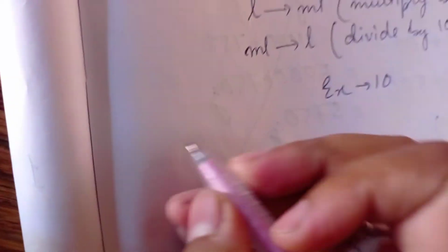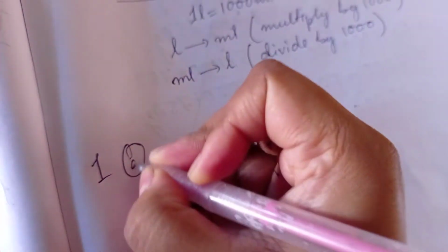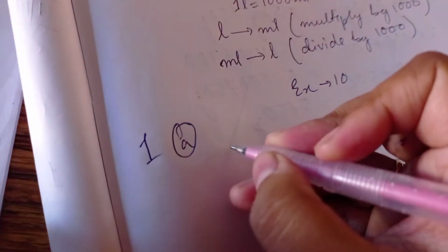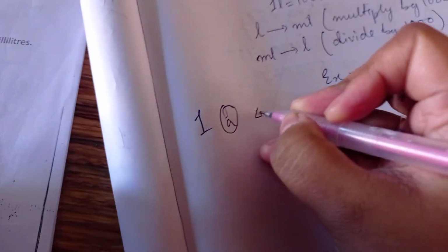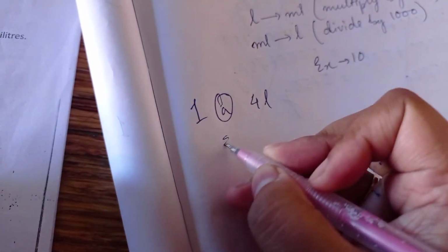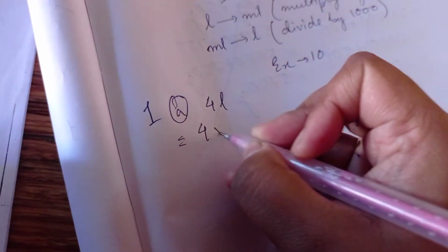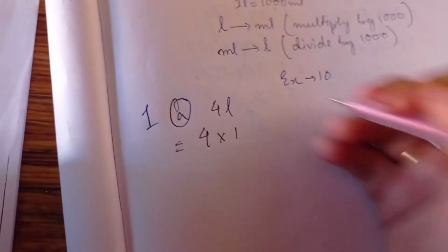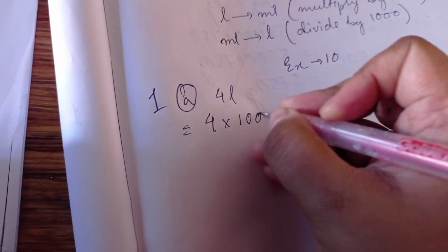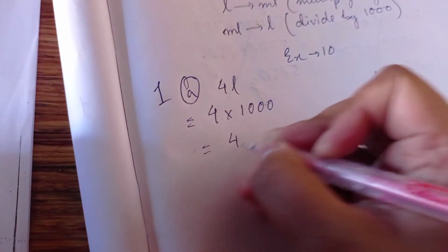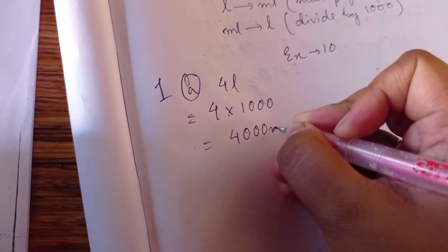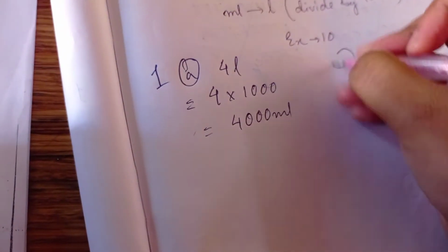So let us do 1a. 4 liter is given. How will you do? 4 liter means 4 into 1000, which is equal to 4000 ml. Very easy.